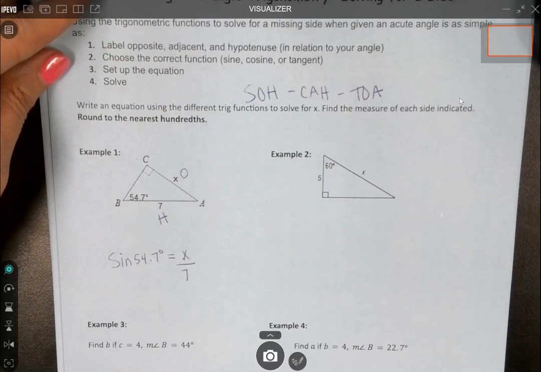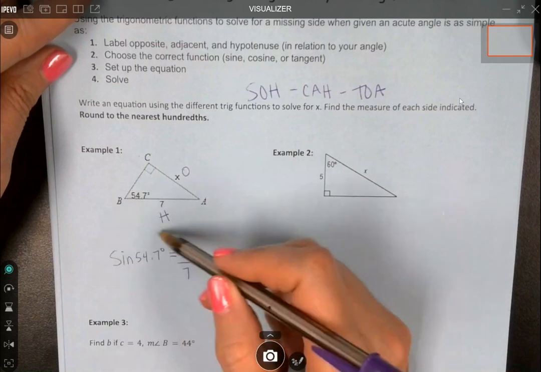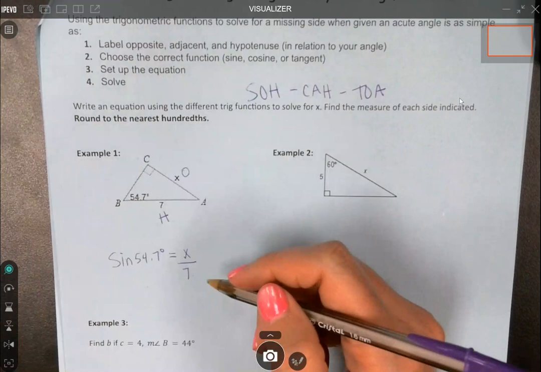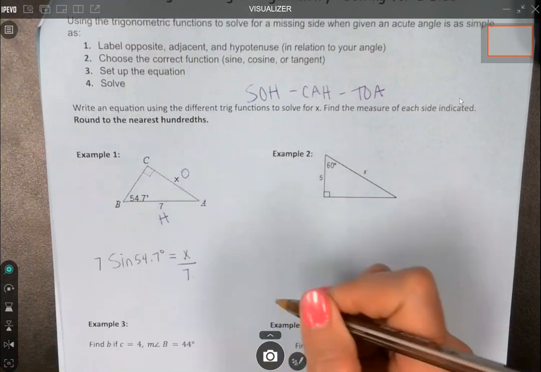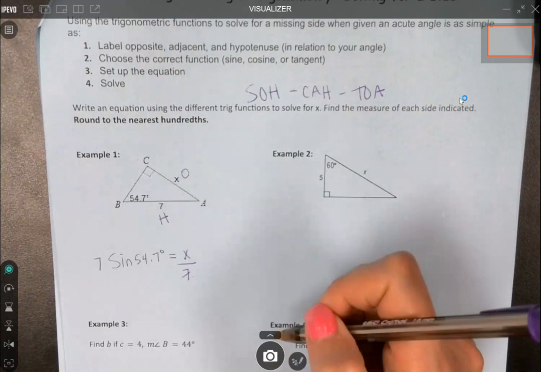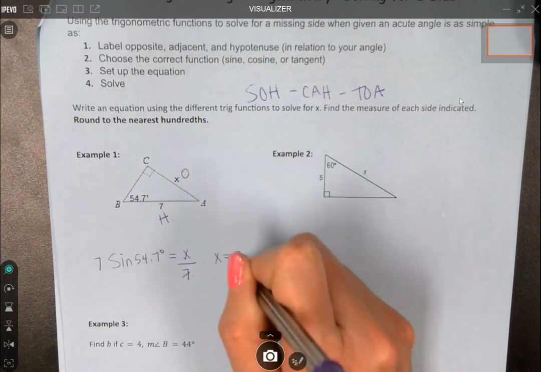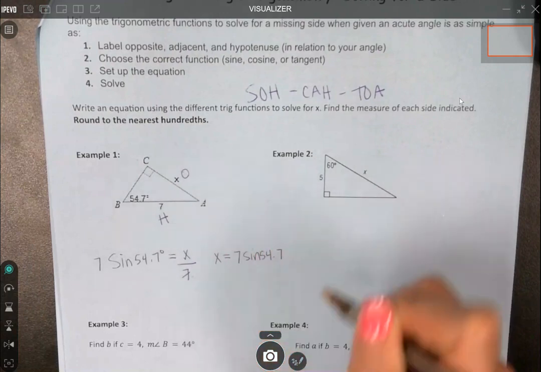Okay, so I'm going to solve this for X by getting rid of the 7 in the denominator. We're going to multiply the 7 over on this side and get rid of that 7. So X equals 7 times the sine of 54.7.